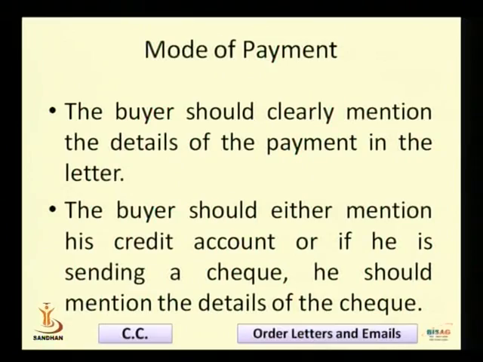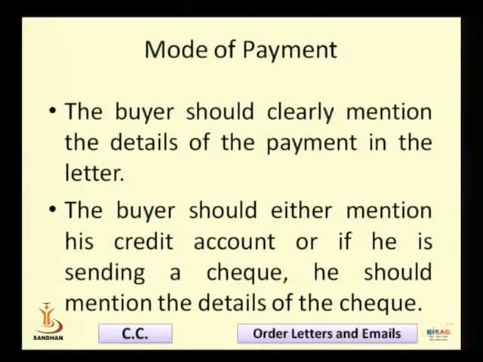Yeah, friends, as I told you, in general, the supplier has made it clear what the terms and conditions are. Then also you have to be clear what will be the mode of payment from your side. It may be either cash on delivery, or you may send a check in advance. So all these things should be made clear.